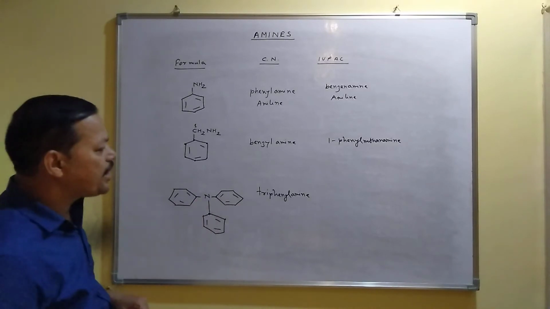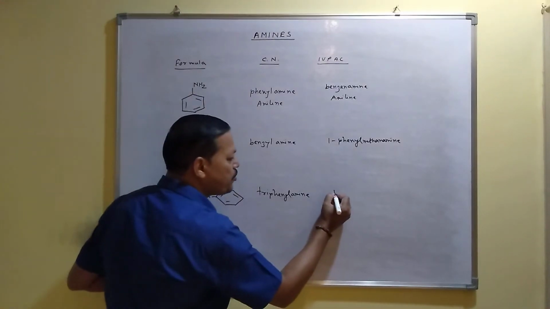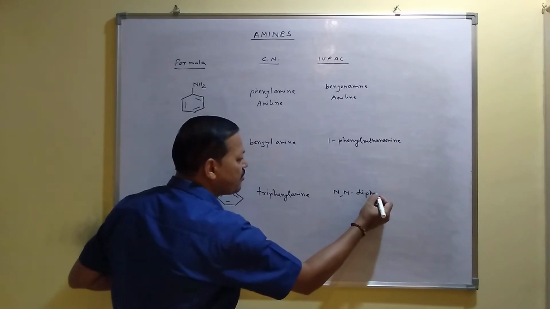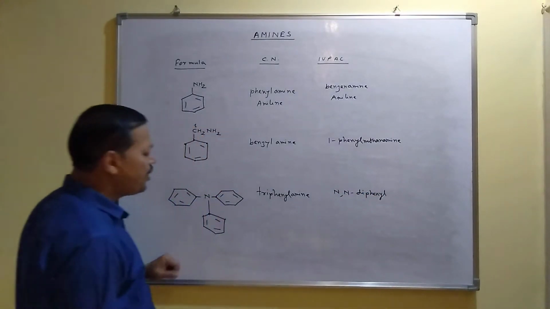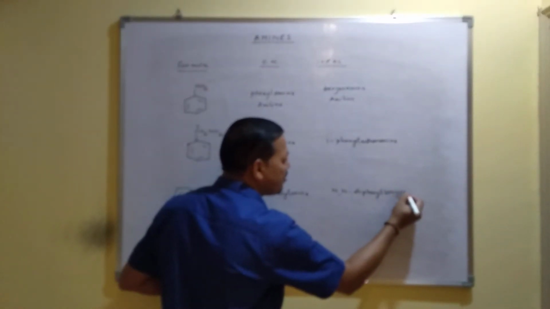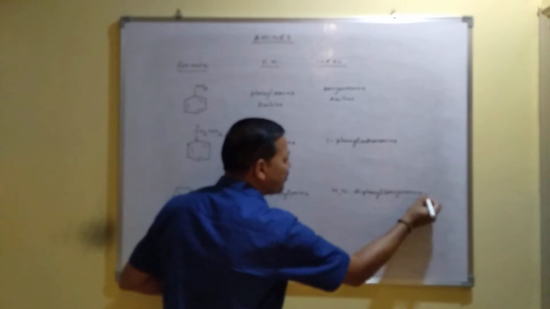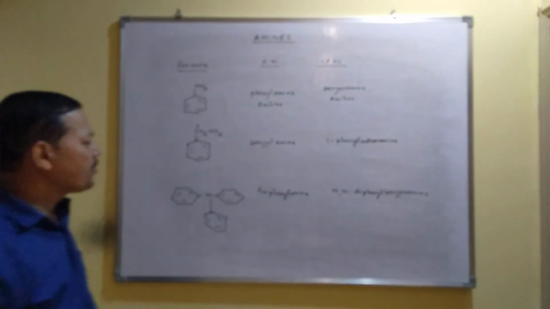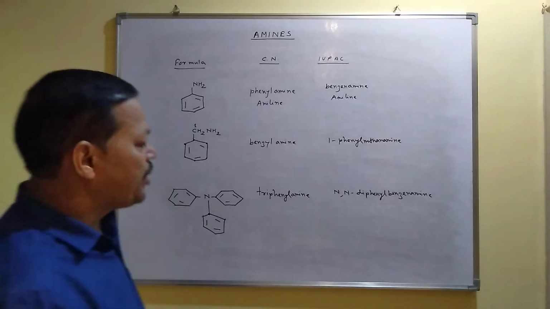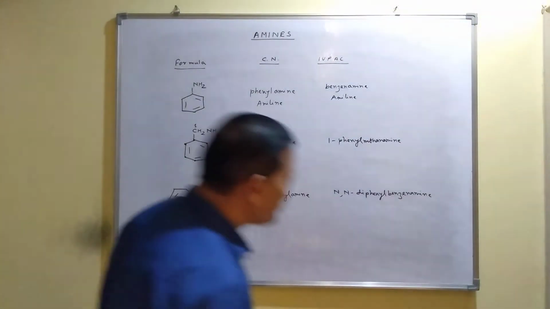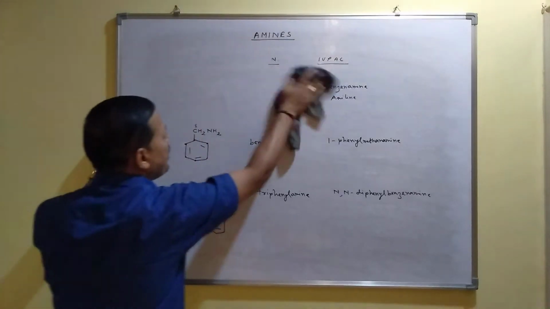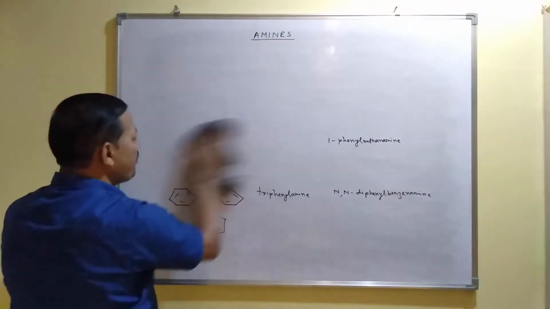Since they are joined with the nitrogen atom, you have to write N,N-diphenyl. So its IUPAC name will be N,N-diphenylbenzeneamine. So this is about the nomenclature of amines. I think you can write the IUPAC name for amines.